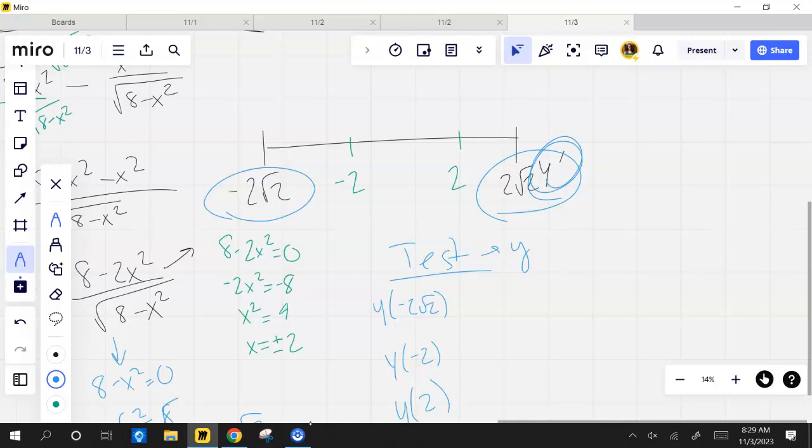All right, so original function, x times the square root of 8 minus x squared. So I got negative 2 root 2 times the square root of 8 minus negative 2 root 2 squared, which is negative 2 root 2 times the square root of 8 minus 8.